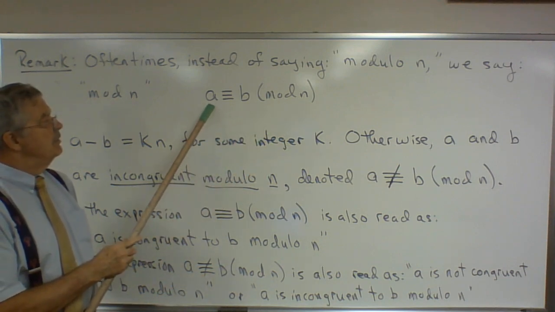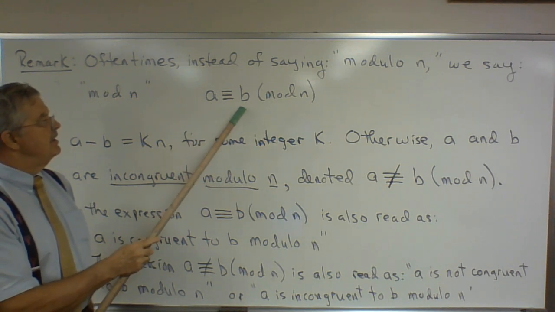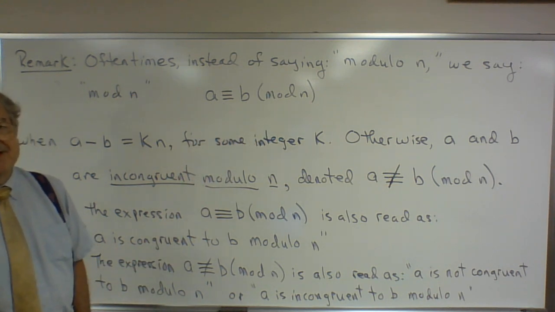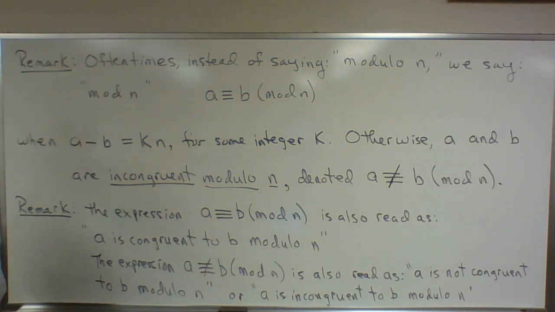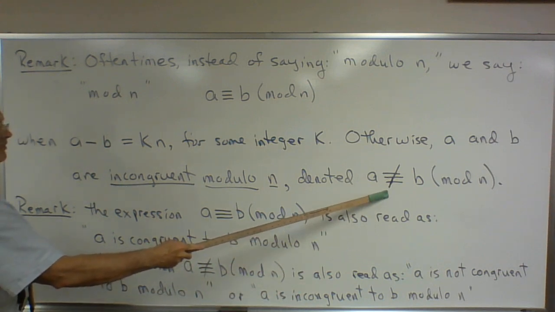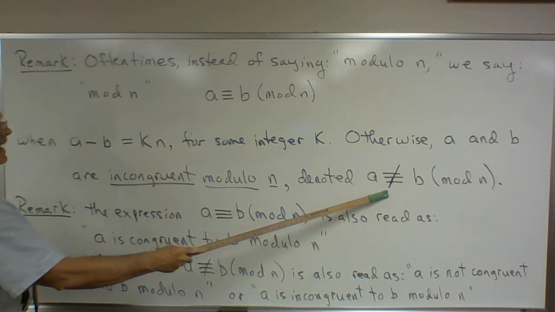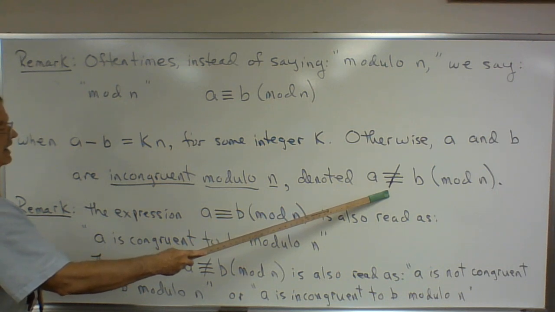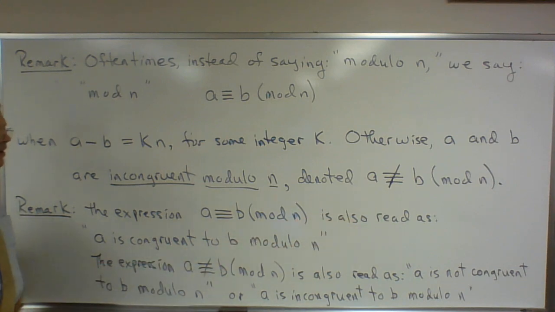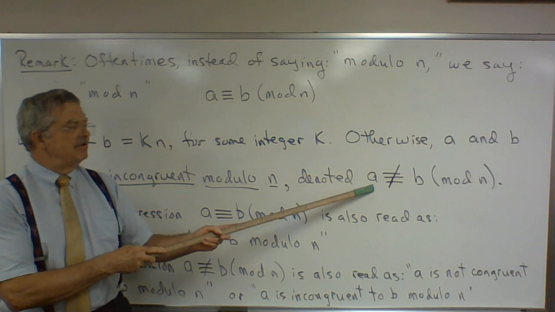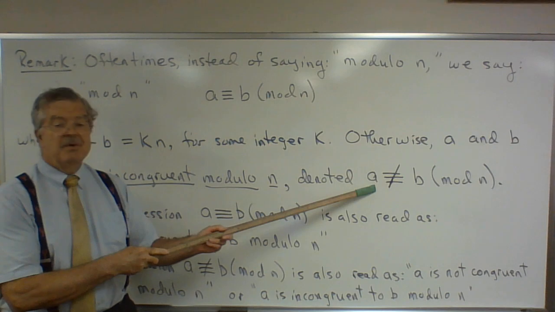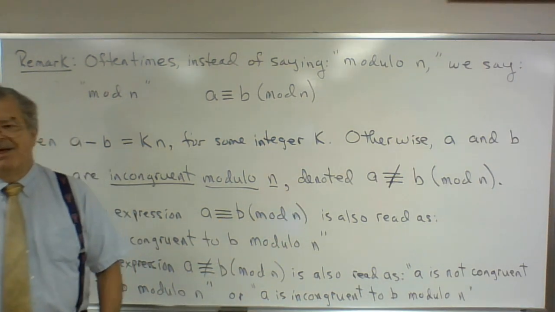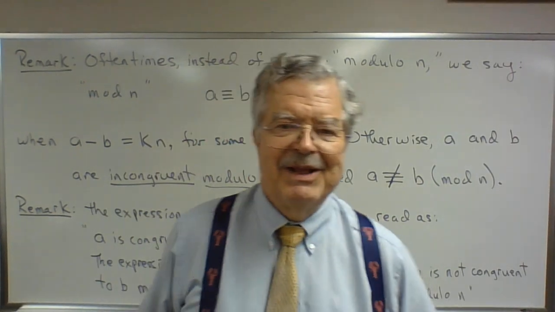Or a and b are congruent mod n, or a and b are congruent modulo n. That's just the terminology and the slang. And similarly, if we see something like this, we'd say a and b are incongruent mod n, or a and b are incongruent modulo n. Or we can say that a is not congruent to b modulo n, or a is not congruent to b mod n. Okay, we got all the lingo down now.